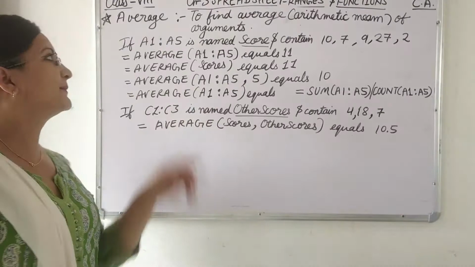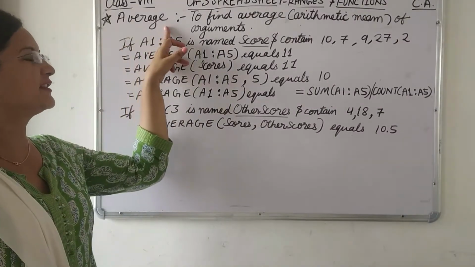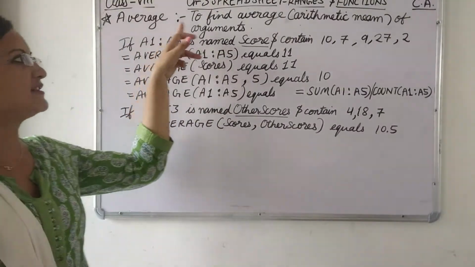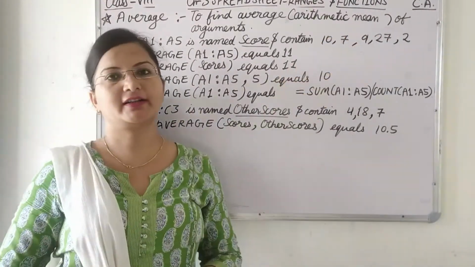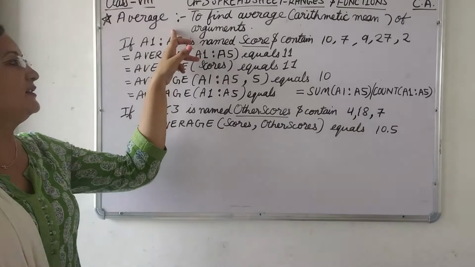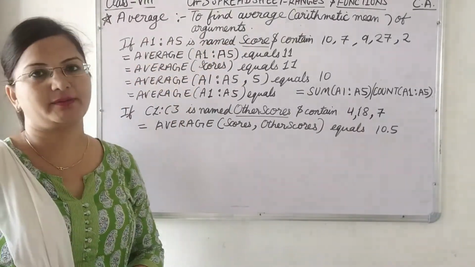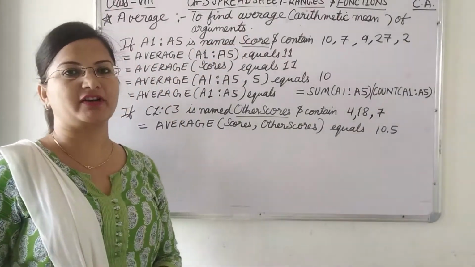So students, another function is AVERAGE. Average is used to find the average, which in statistics we can also call the arithmetic mean, of the arguments present in the function.